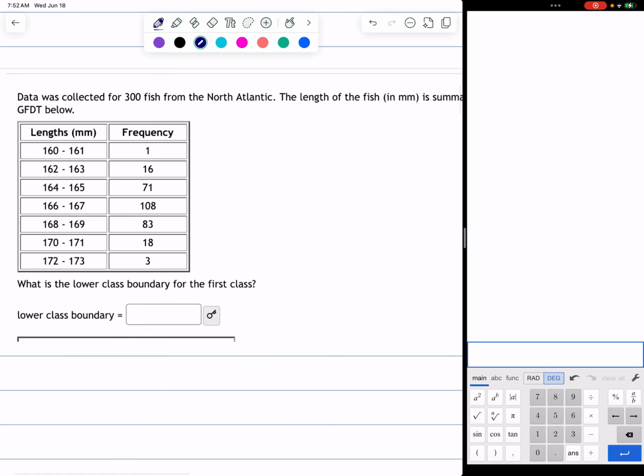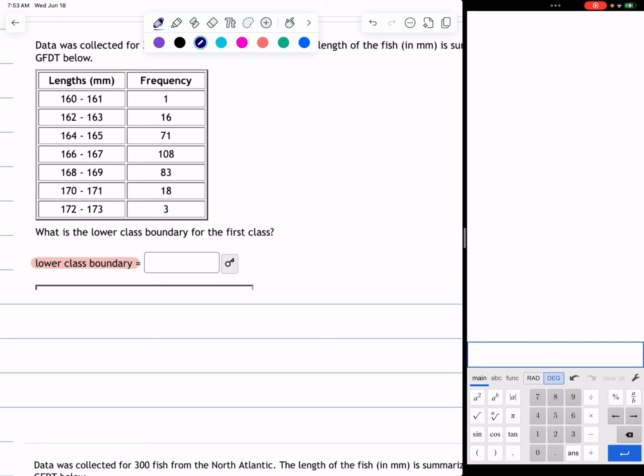The first question I pulled deals with the lower class boundary. Now, there seems to be a big disconnect when it comes to the vocabulary for frequency distribution tables. We have two things that are getting confused.